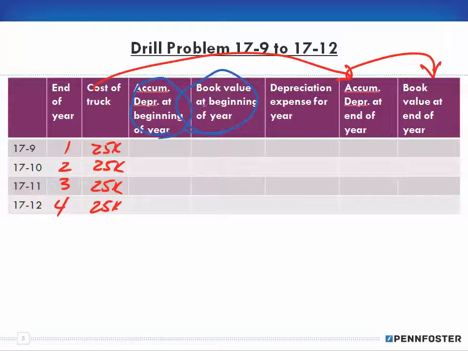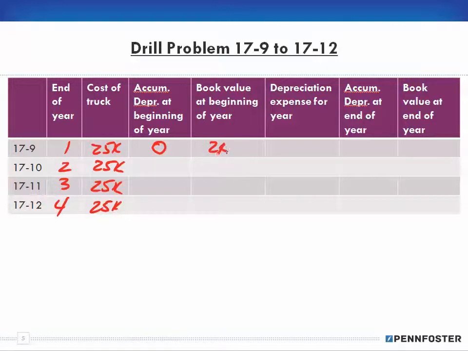Two additional columns, and that has to do with the way we're calculating when we're doing the declining balance method. In year 1, the accumulated depreciation at the beginning of the year was 0 because it's the beginning of the year. And the book value at the beginning of the year is 25,000.